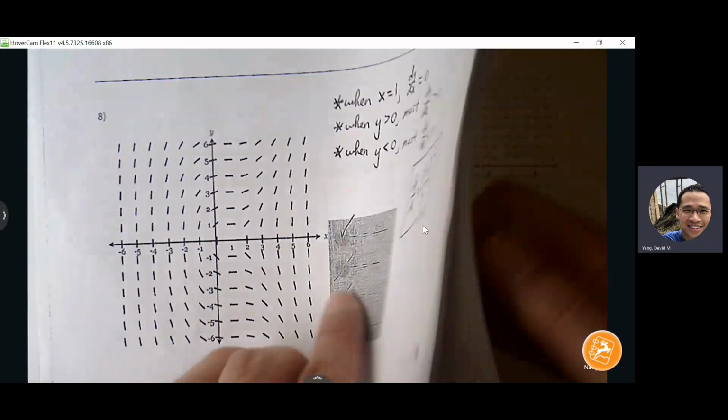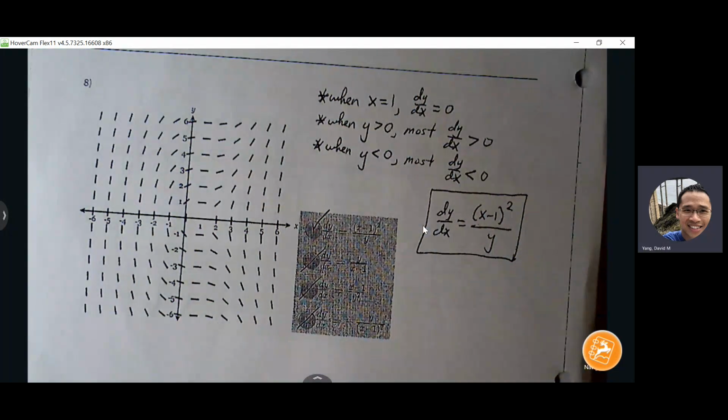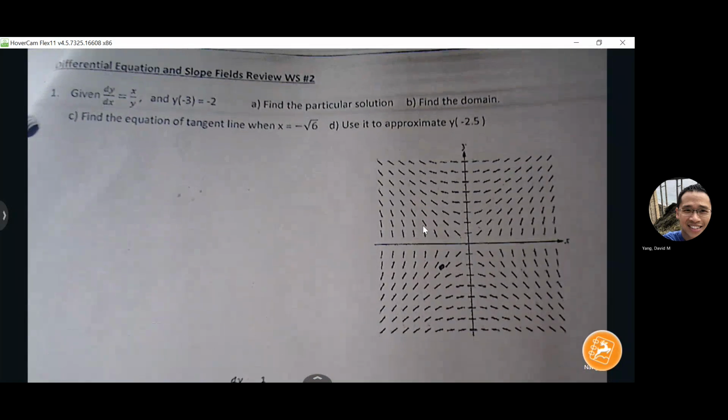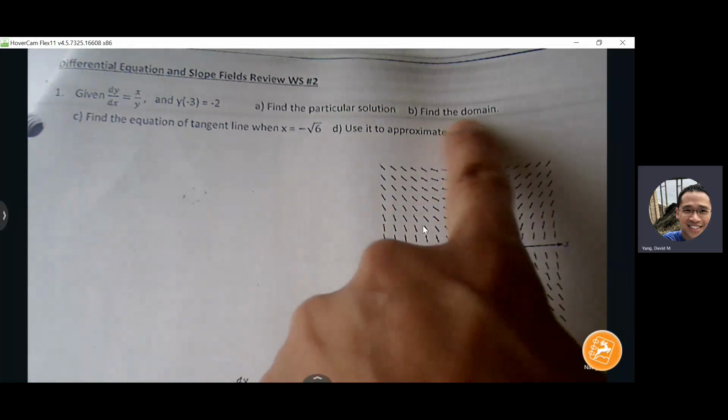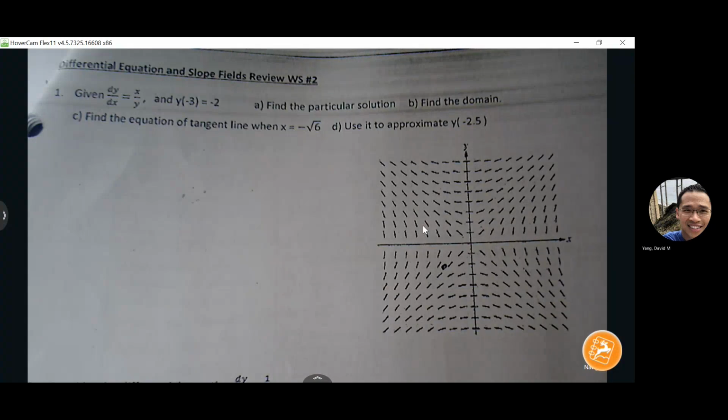Okay, let's look at page 11. No need to worry about finding domain. That won't be on the test. Okay, so we'll find a particular solution, and find the equation of the tangent line.